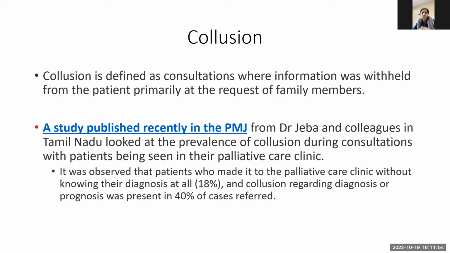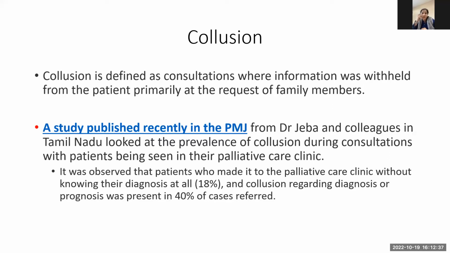First we give a brief introduction about what collusion is and the scenario of this. Collusion is defined as consultation where information was withheld from the patient primarily at the request of family members. To give a brief scenario of the problem of collusion, how much it is, we can quote the study already published in the Postgraduate Medical Journal from Dr. Deba and colleagues, in which they studied the prevalence of collusion during consultations with patients seen in their palliative care clinic.